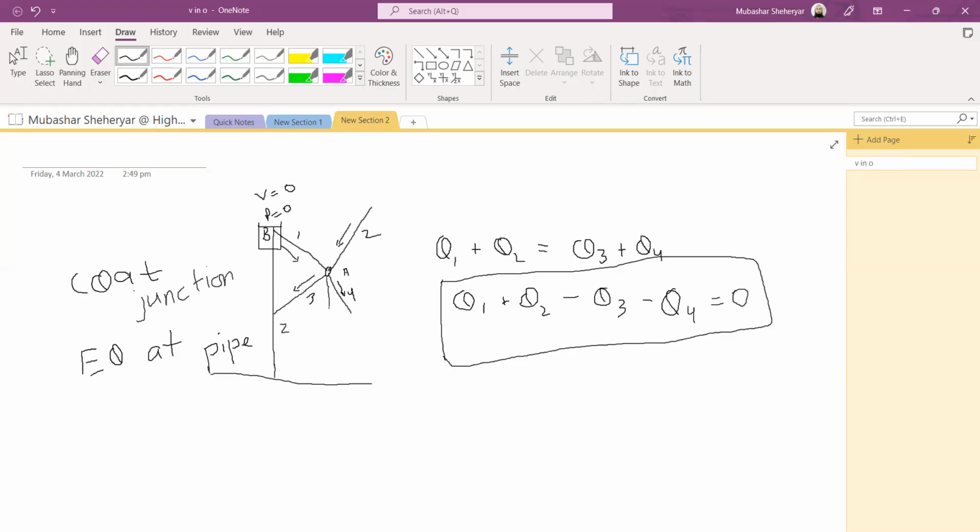While at a junction, we have a combination of the elevation head plus the pressure head plus the velocity head. So the total head at the reservoir is equal to the elevation head, while the total head at junction A will be equal to the summation of the elevation head, the pressure head, and the velocity head.